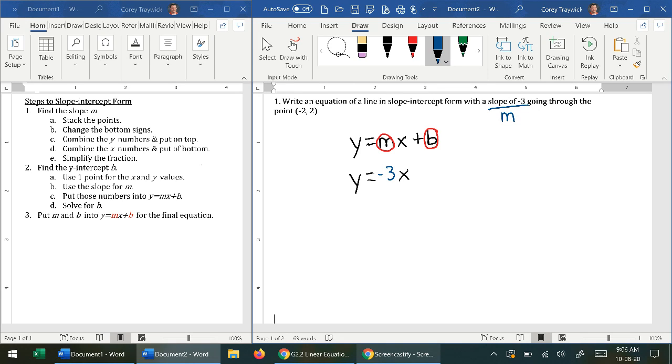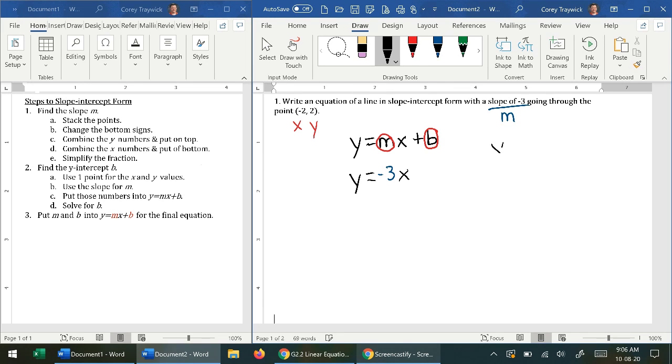Now, to find the y-intercept, we're going to use this point, -2, +2, because it doesn't directly tell us that that is the y-intercept, because it's not. But we can use those numbers in a side equation. -2 is the x number, +2 is the y number, and the m number is -3.